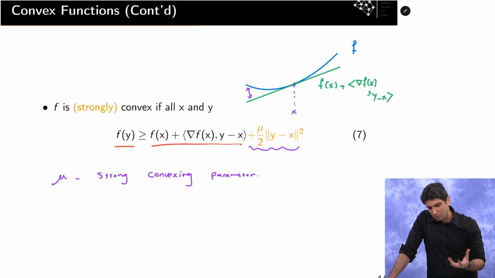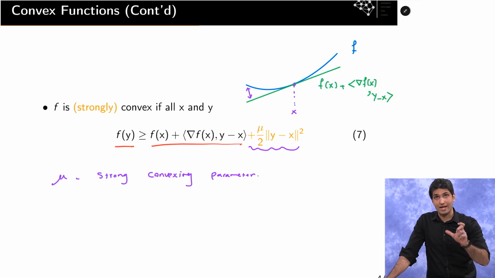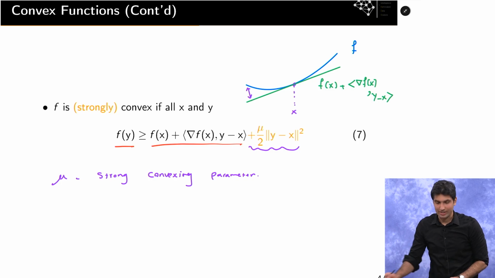Okay, so intuitively we want mu to be as large as possible because that would mean that the function is nicer in some sense. Okay, there is a larger gap between the function and its tangent.